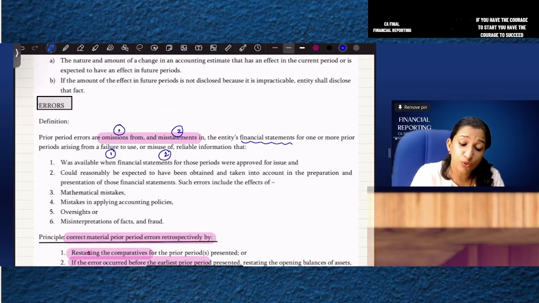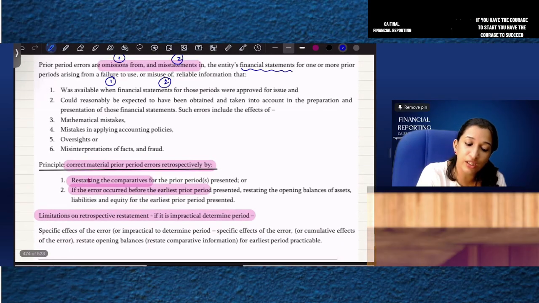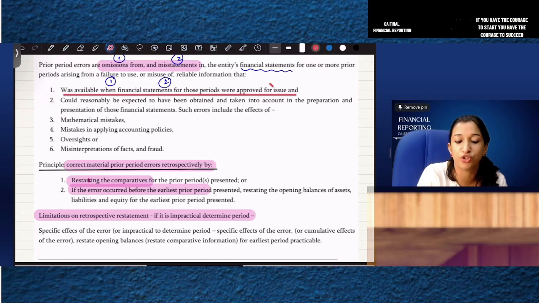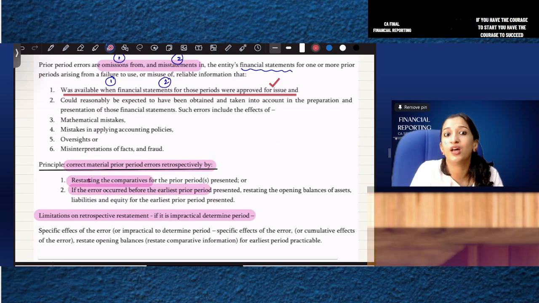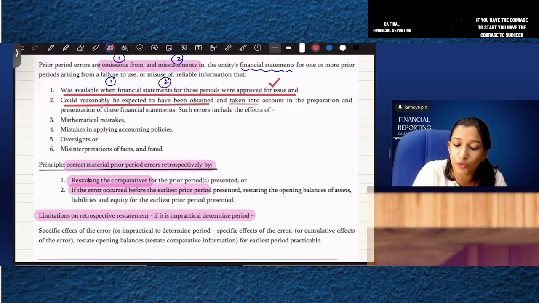That information was available when the financial statements were approved for issue. If you had used it, there would not have been a mistake. Or it could reasonably be expected to have been obtained and taken into account in the preparation and presentation of financial statements.